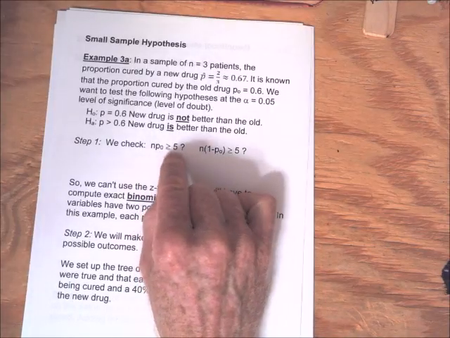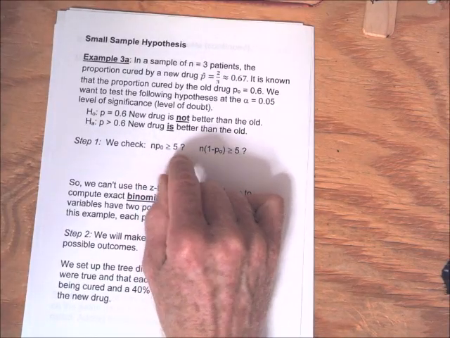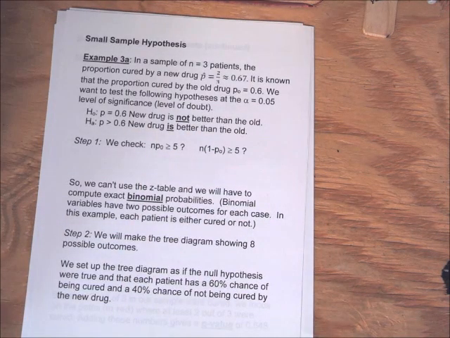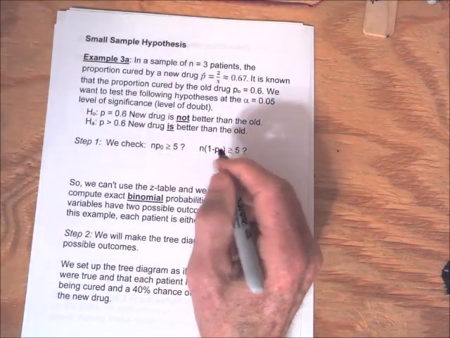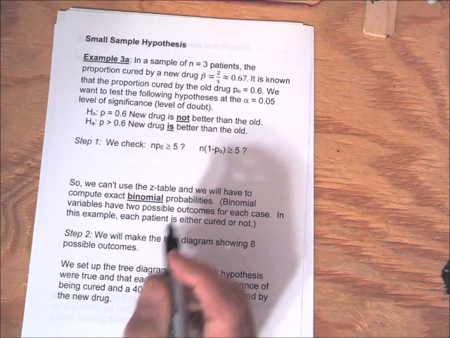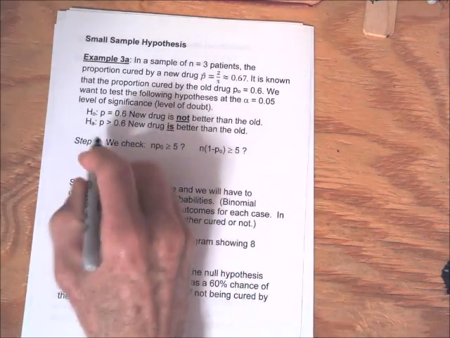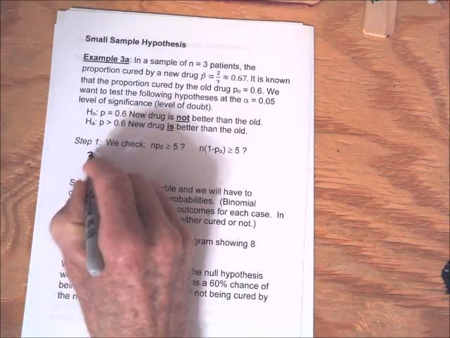So we want to first check whether n times p0 is at least 5 and n times 1 minus p0 is at least 5. If it is, we can use the shortcuts, but if not, we have to compute the exact probabilities. So n, our sample size, is 3.